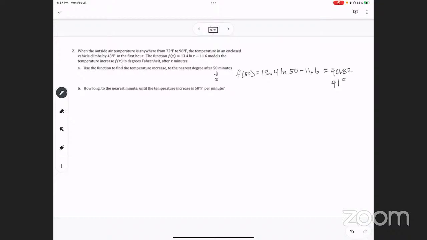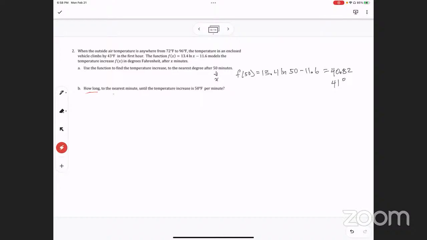So 41 degrees is how much it increased. That makes sense, because it would increase by 43 degrees in 1 hour, and 50 minutes is a little bit less than an hour, right? Mm-hmm. Got it?